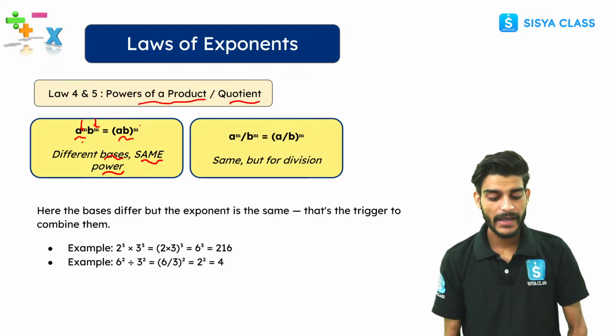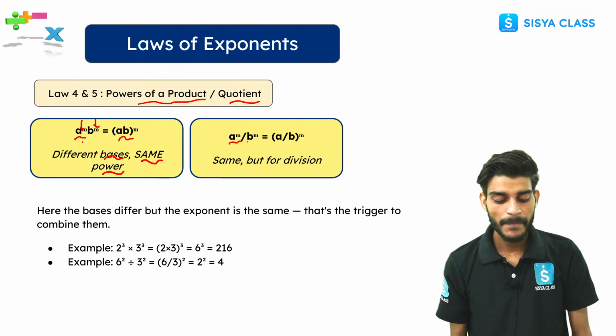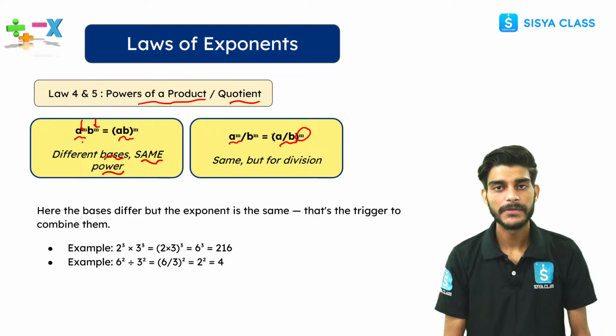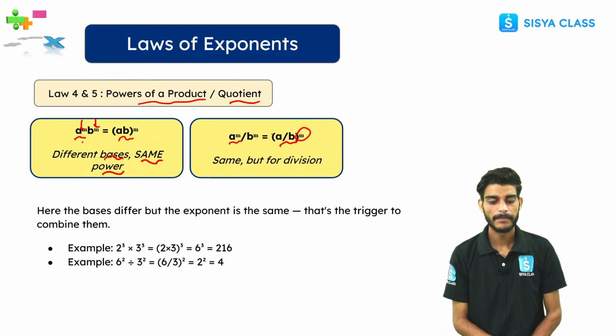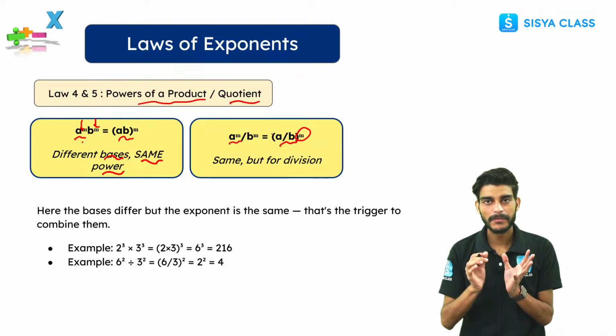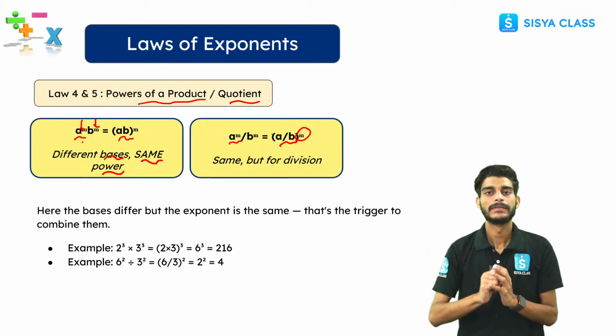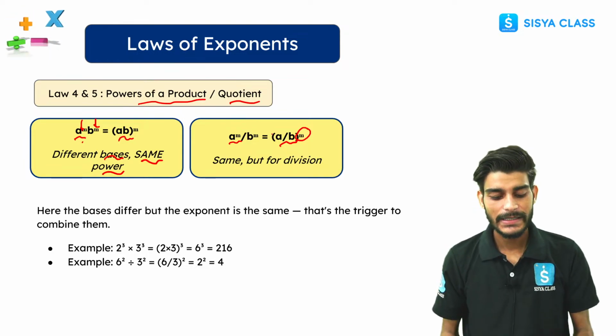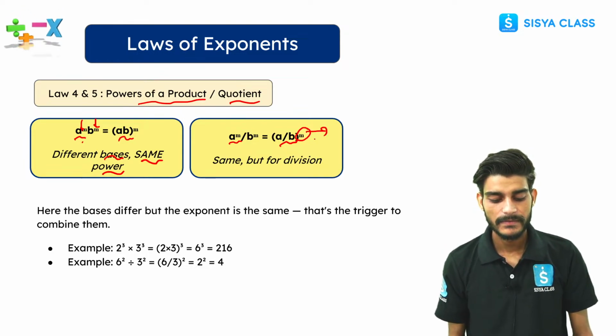In the same way, for division, you have to divide the 2 numbers first and take the powers as common. Same thing: in multiplication, firstly multiply the numbers and take the powers; in division, take the division first and take the powers.